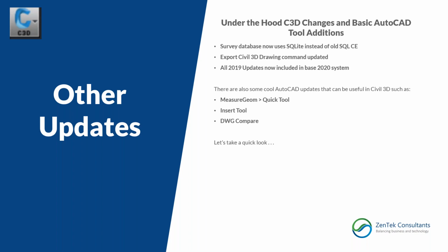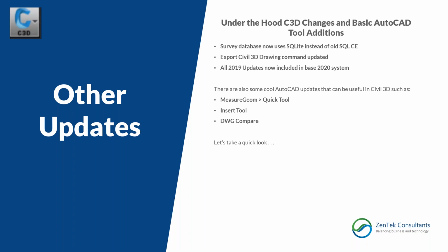And that's something you need to be aware of if you're dealing with a survey database, because they are not compatible. If you want to use existing survey data in your new version of 2020, you are going to have to download and install the survey database migration utility. It's a completely separate download that you can get from Autodesk.